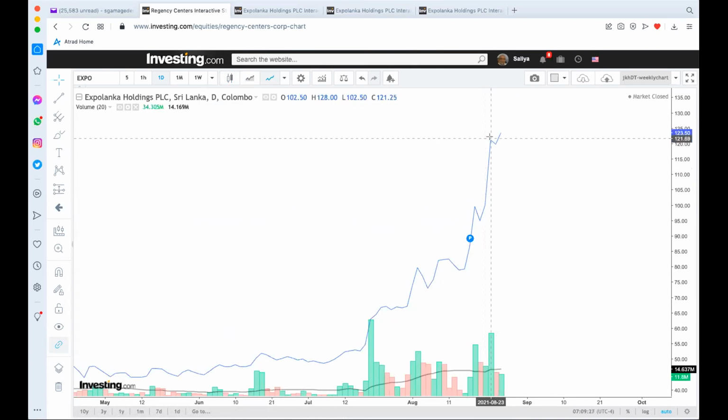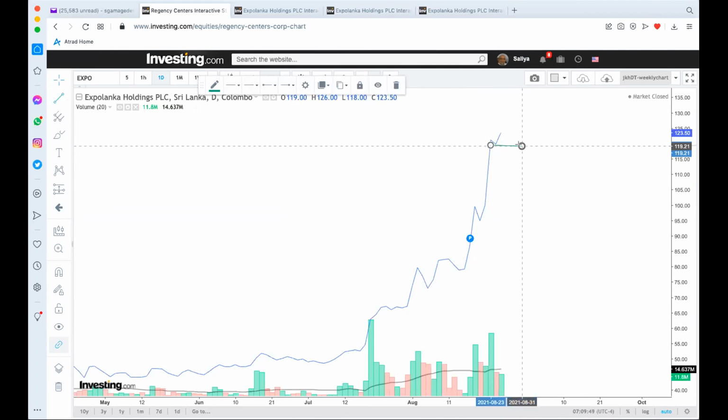Now, once you see the left side of the double top is formed, meaning there is a top, then there is a reversal, right? You have to immediately make use of that low and draw a horizontal line.